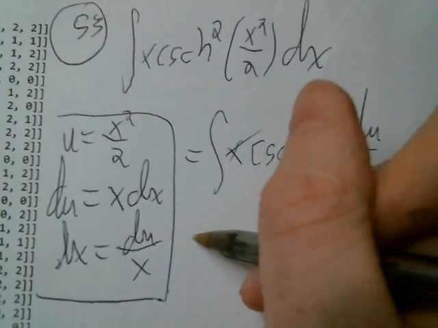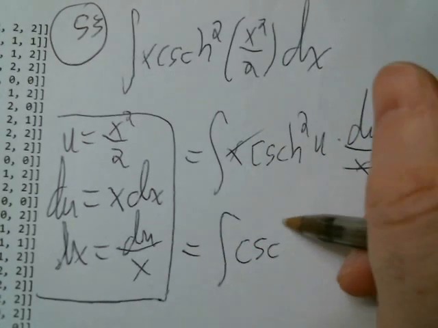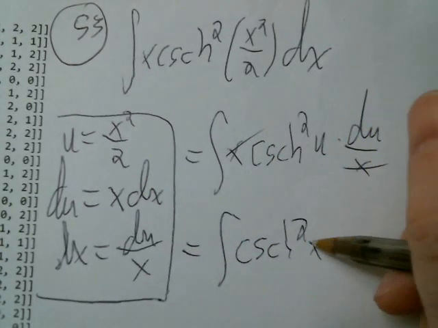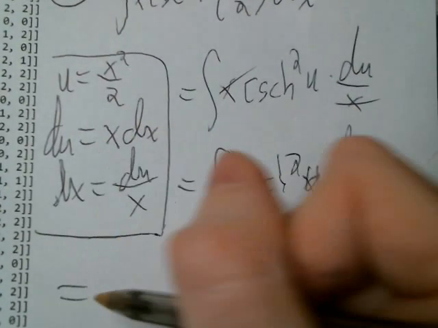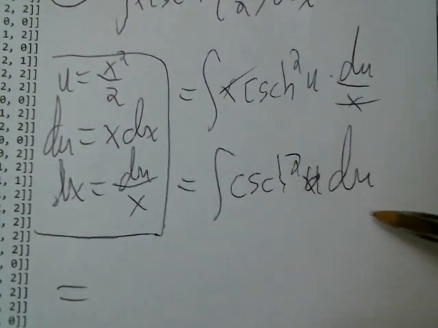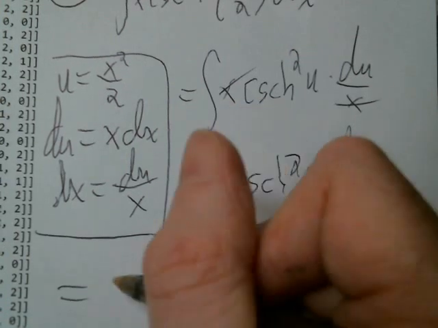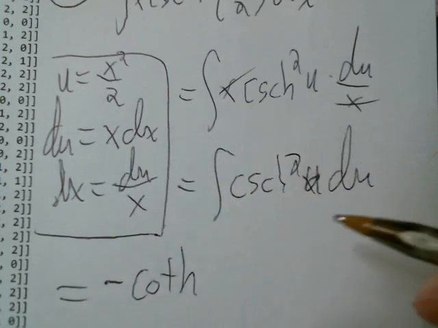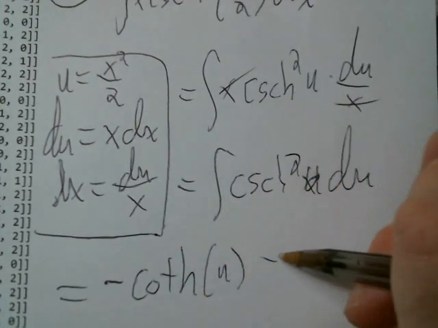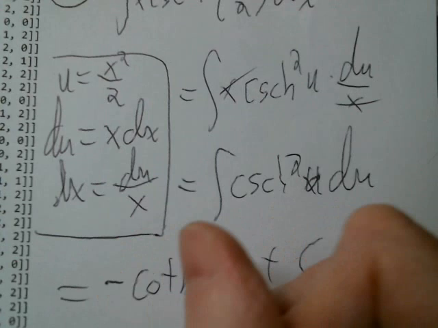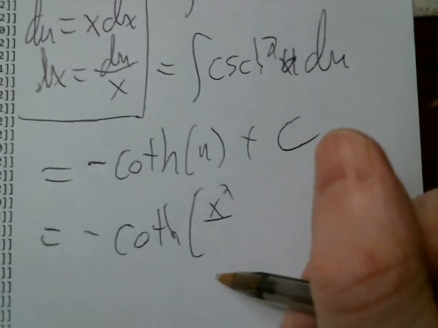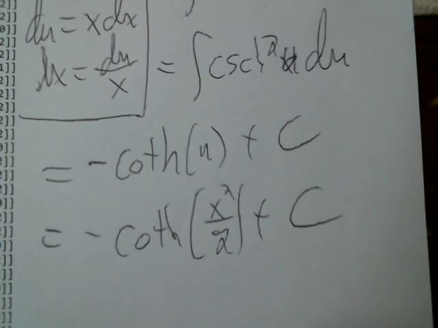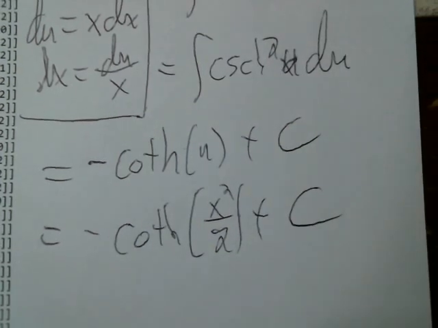The x's cancel. Integral of hyperbolic cosecant squared of u du. The integral of hyperbolic cosecant squared is negative hyperbolic cotan of u plus c. Back substitute, so we get negative hyperbolic cotan of x squared over 2 plus c. And that's about it for me.